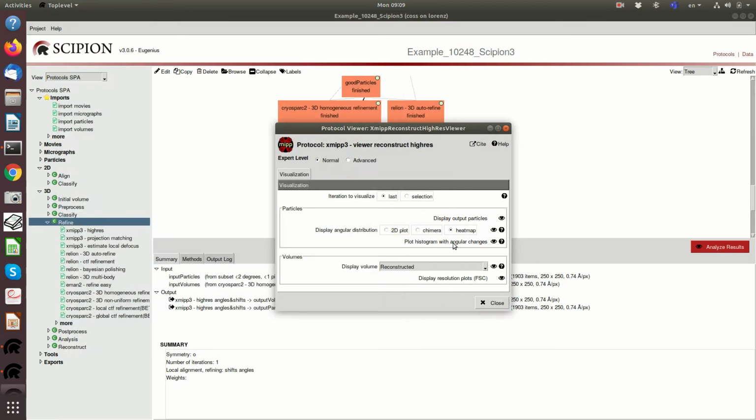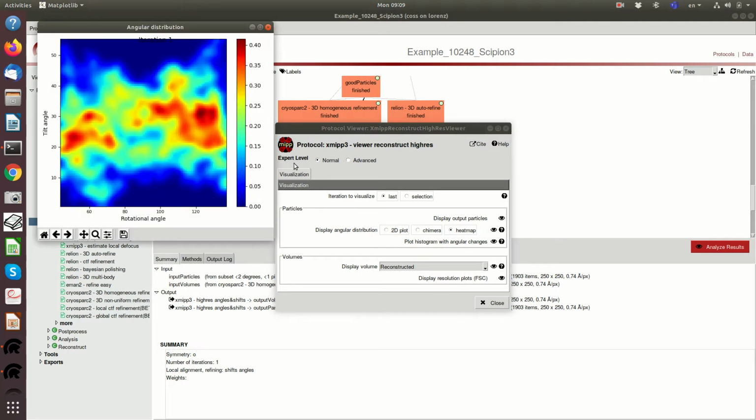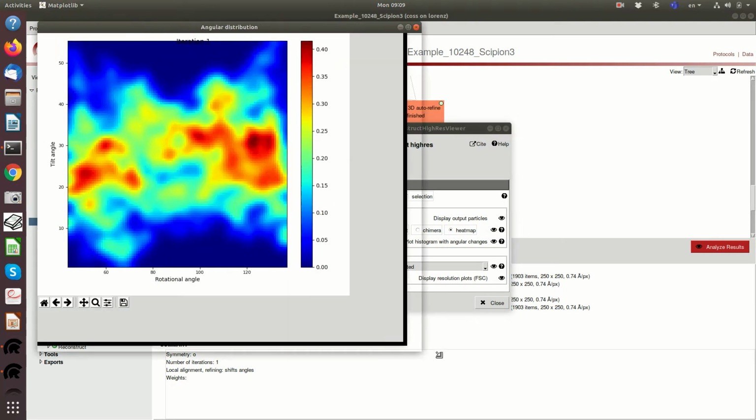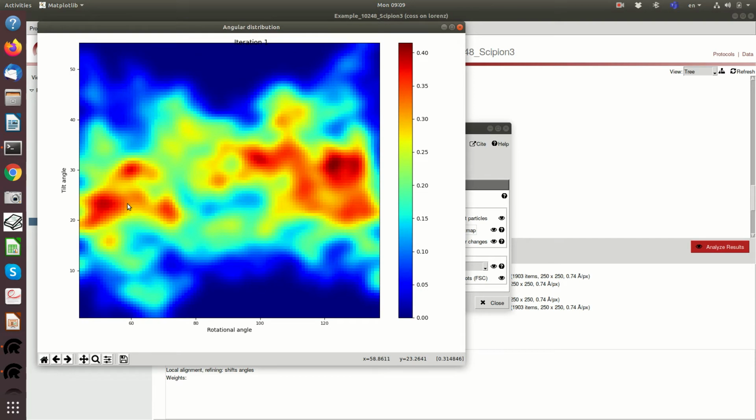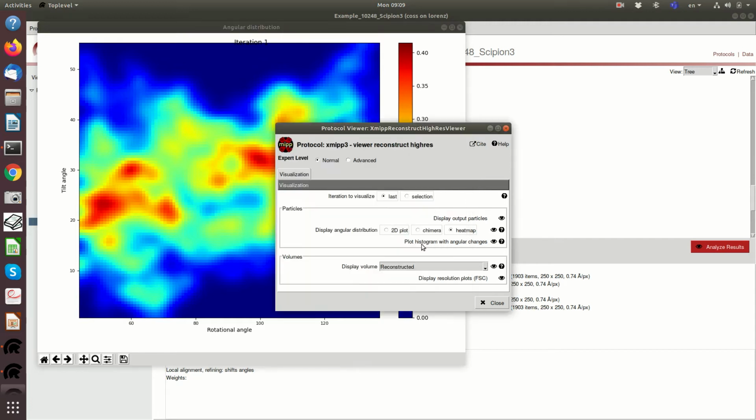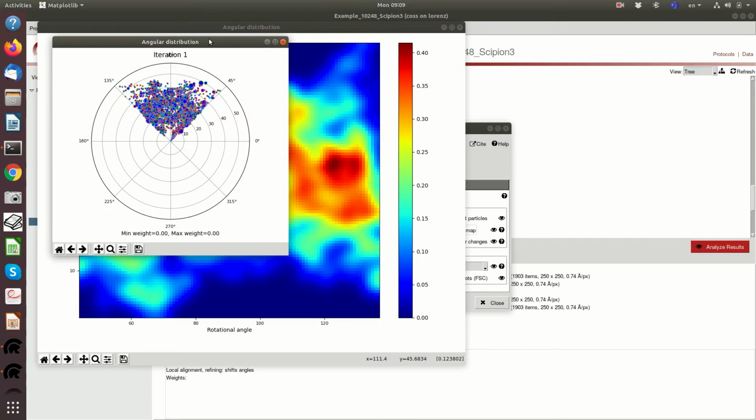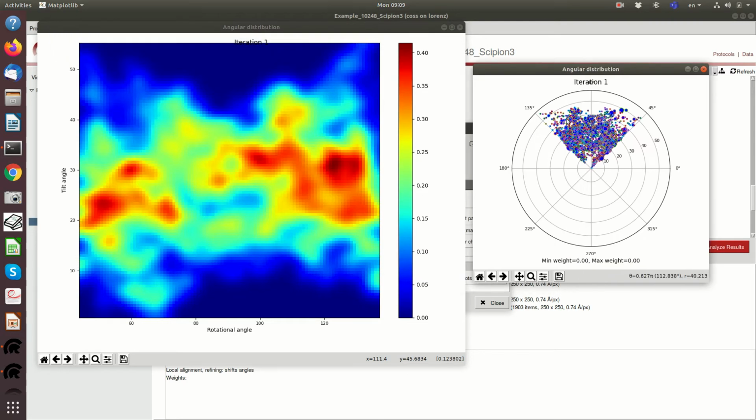And you should also look at the angular assignment. The angular assignment should be more or less well spread in the projection sphere. You can do it with these heat maps, or you can do it with these plots. Ideally, you should cover the full sphere.